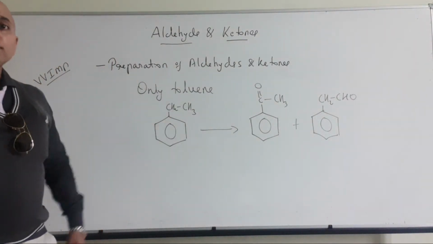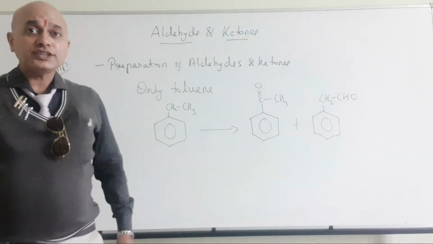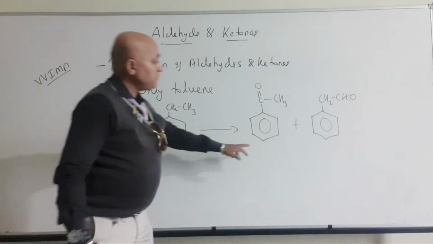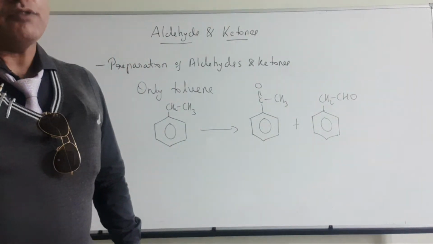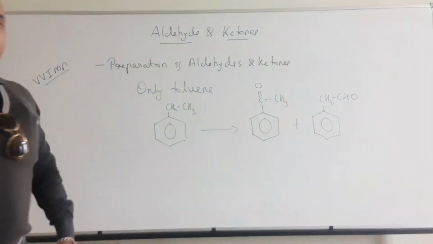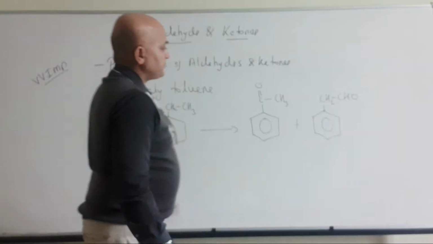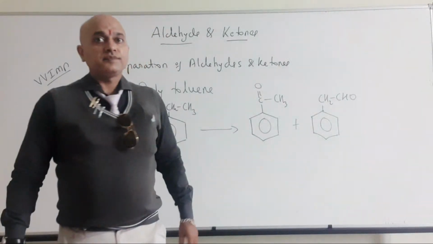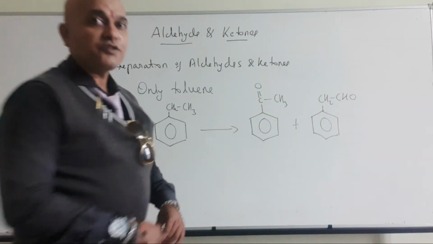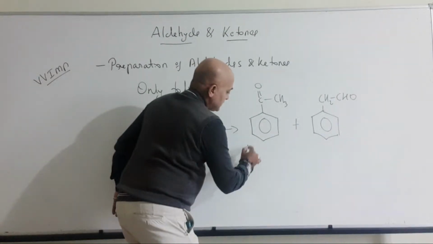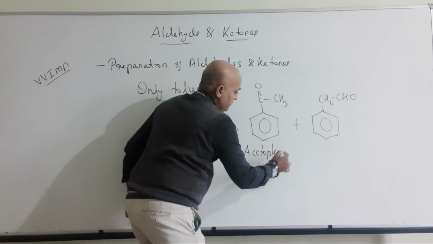Another step we have to take, we have to make the purity, we have to go for purification. So what will be the name of this particular product? IUPAC name I want. Okay, acetophenone, fine.